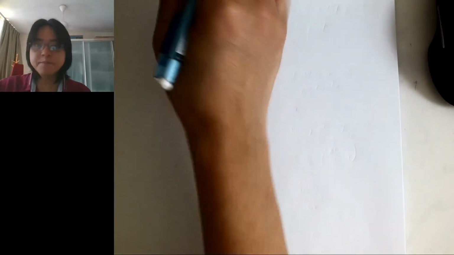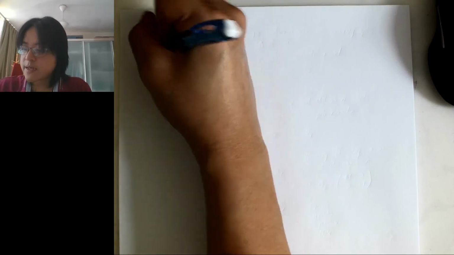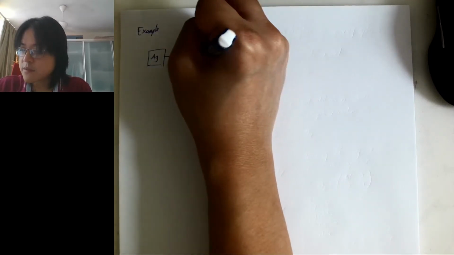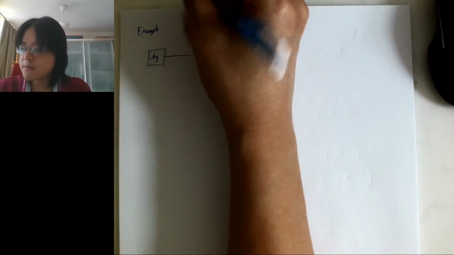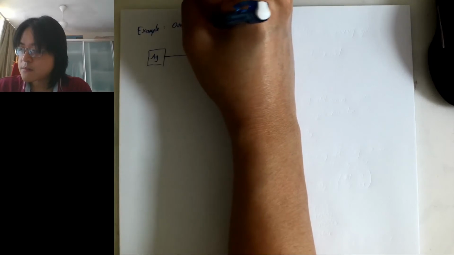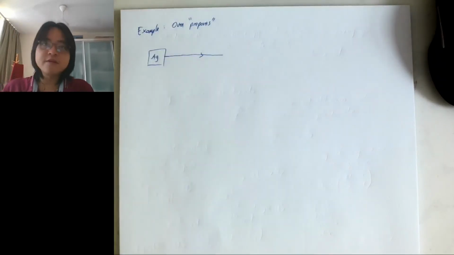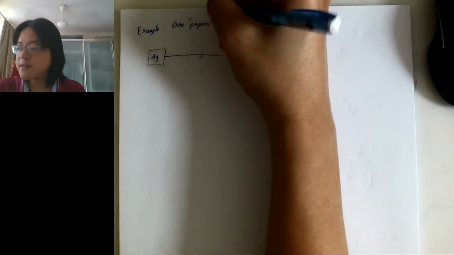Okay, so let's take an example of an arbitrary state. Let's say my silver atom oven prepares atoms in the state. How the oven prepares it is a detail I will not discuss, but let's say the state will be given, right?